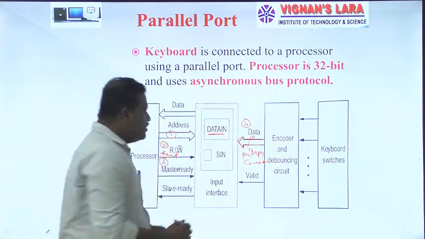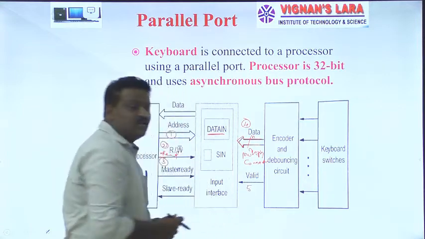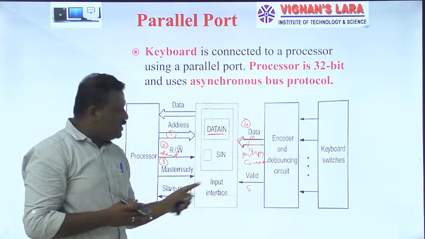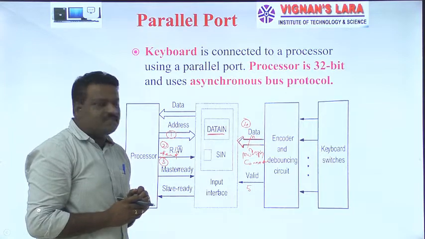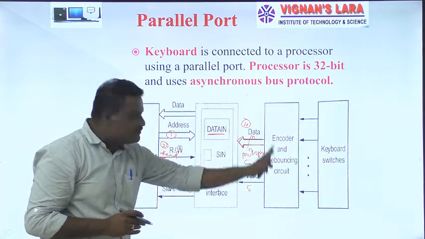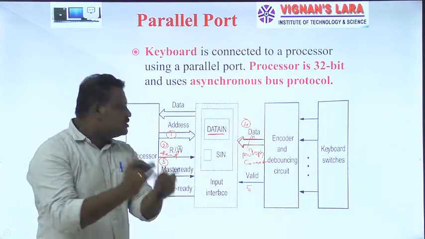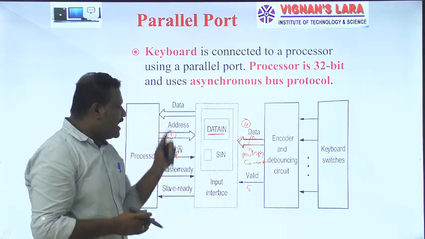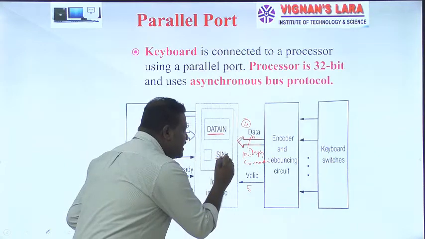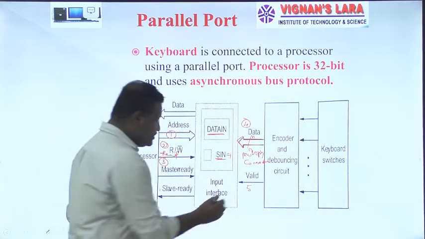At the same time, as operation number 5, it will activate a valid signal. The valid signal indicates that the information transferred by the encoder and debouncing circuit is valid data, so it can be copied onto the data in register. At that point, SIN is set to 1. This is the 5th operation.